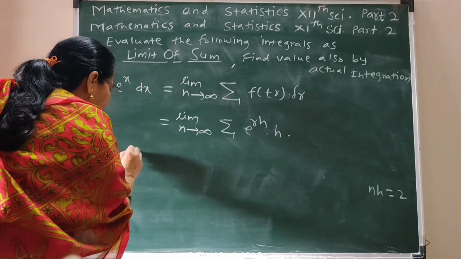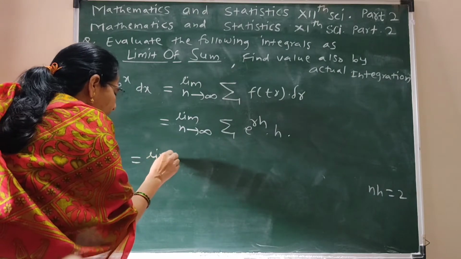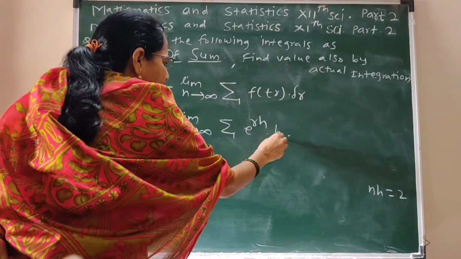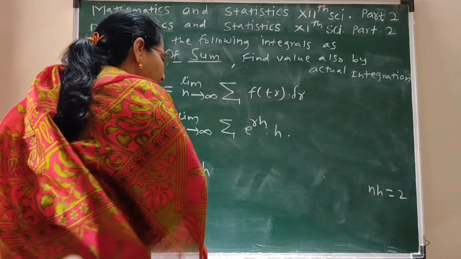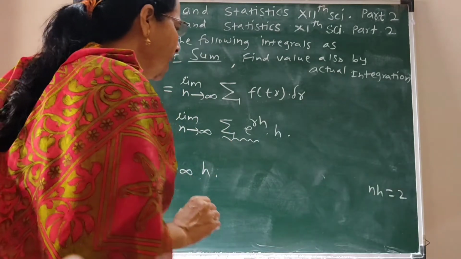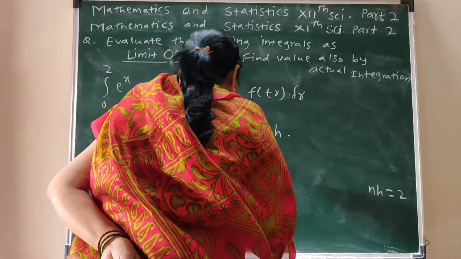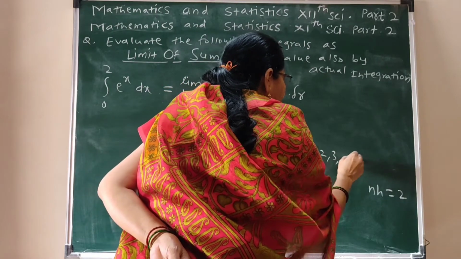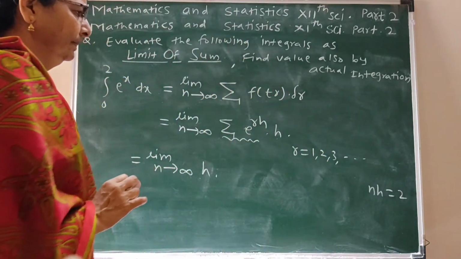Next step is equal to the limit as n tends to infinity. If we see, then h is constant and the summation of e raised to rh, r taking values from 1, 2, 3 up to n.